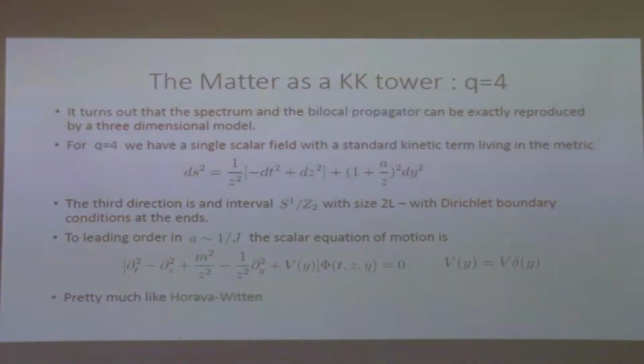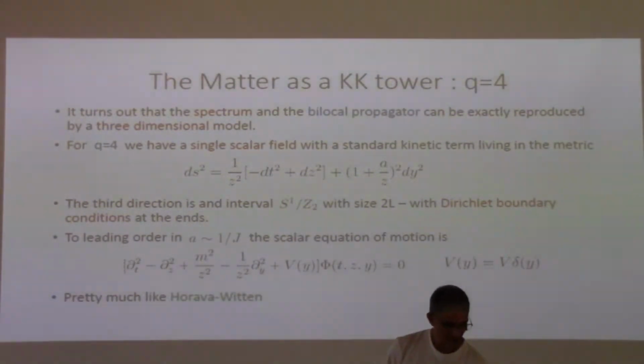What this model is, you just consider a single scalar field with a standard kinetic term, just del phi whole square, with some mass, and it is living in a metric which is an ADS2 times an interval. And in that interval, you put Dirichlet boundary conditions at the two ends, and the scalar field, in addition to being coupled to this geometry, has a potential, and the potential is simply a delta function potential in the middle of this interval.